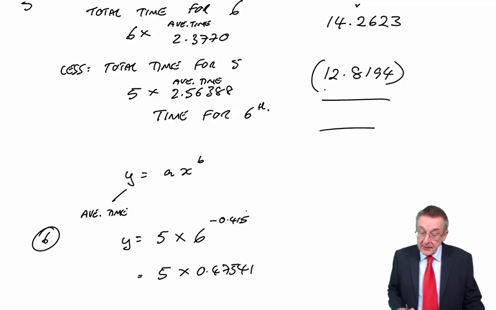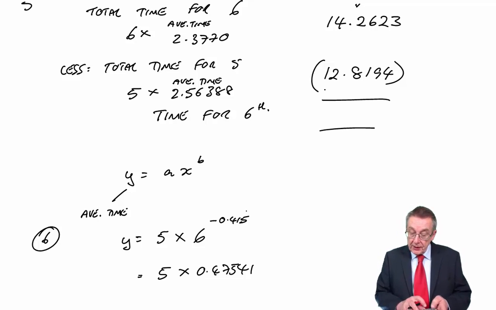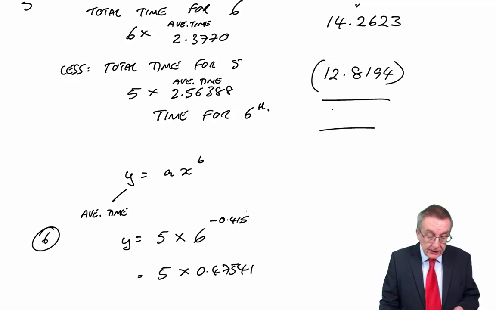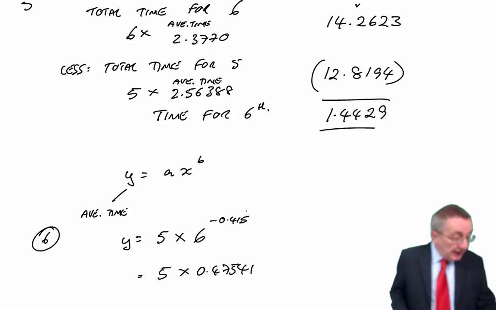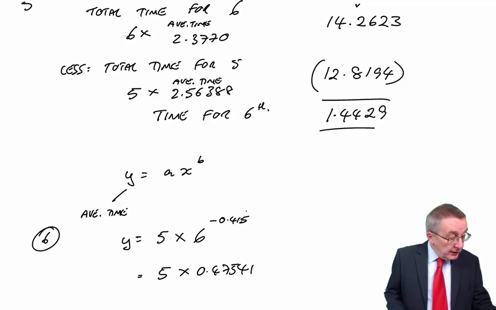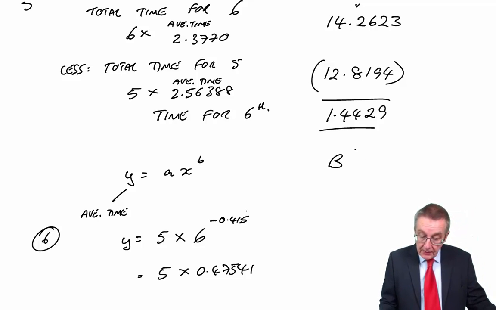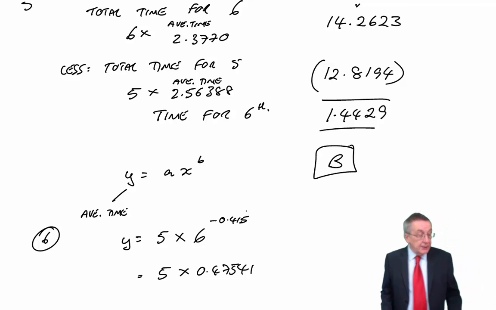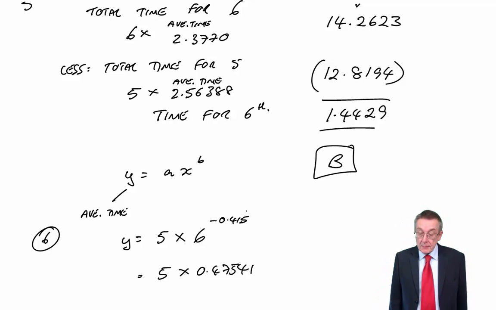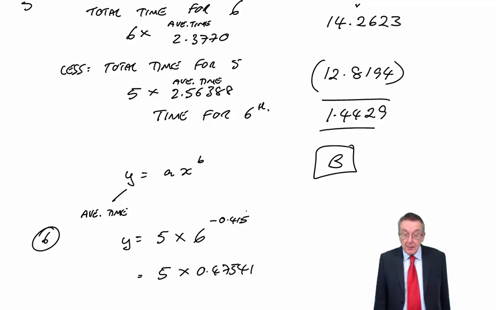The time for number 6 is the difference. 14.2623 minus 12.8194 is 1.4429. Obviously there are bits of rounding, but if you look at the choices, the answer has to be B. I looked ahead, I saw that it was 3 decimal places, which is why I've done it to more. But there we are, it's B.